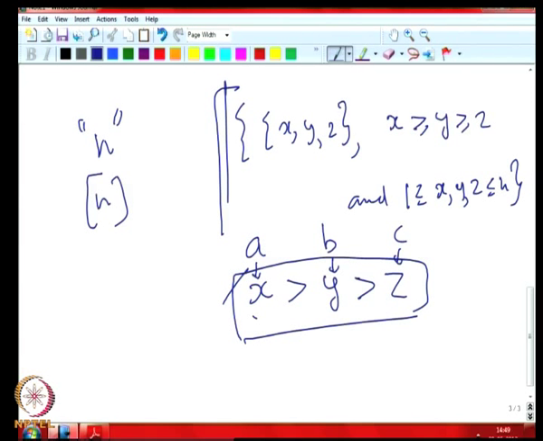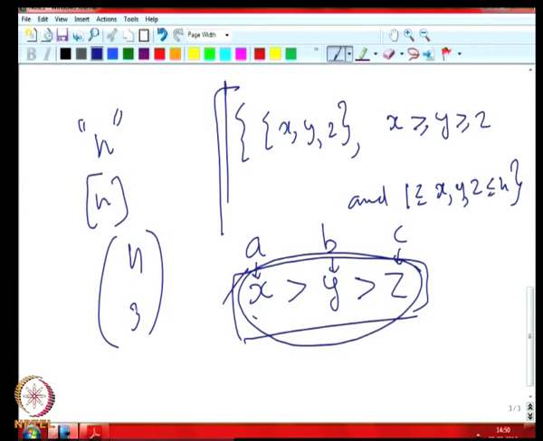Similarly, any triple x, y, z corresponds to only one 3-element set from n. So finally, the answer will be n choose 3, because any selection of 3 elements will satisfy this condition.